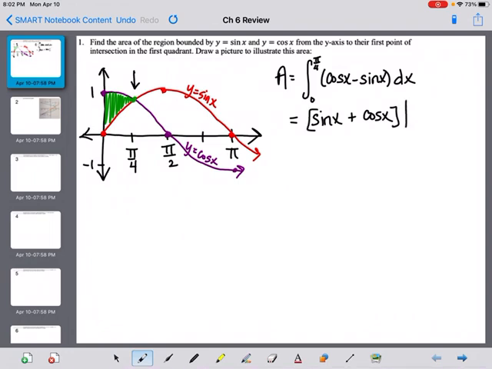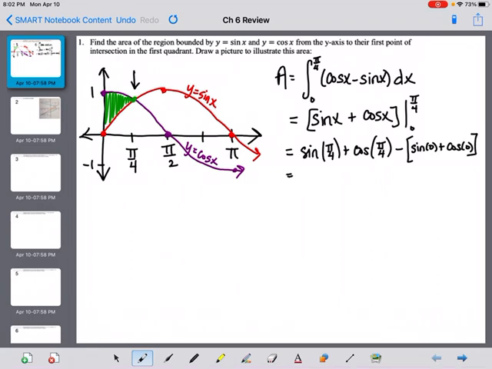And we are going to evaluate this from 0 to pi over 4. So doing the evaluation theorem, this is going to be the sine of pi over 4 plus the cosine of pi over 4 minus the sine of 0 plus the cosine of 0.